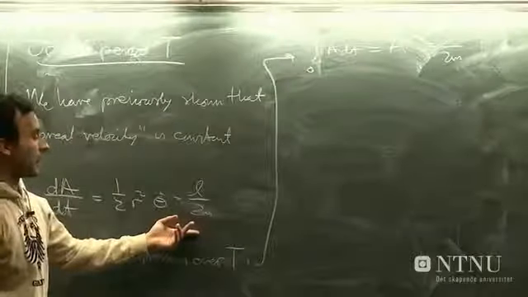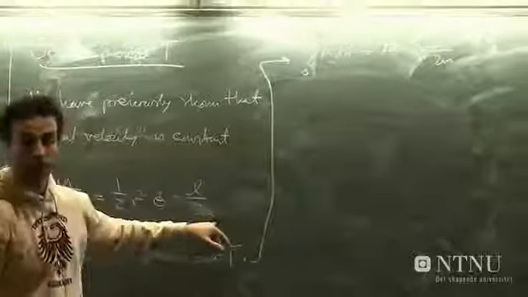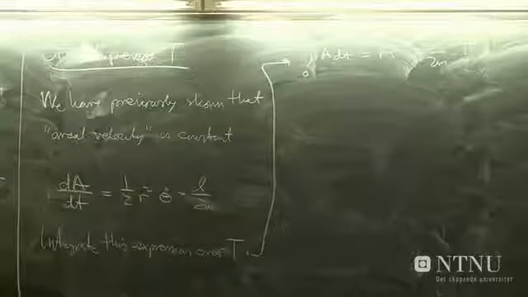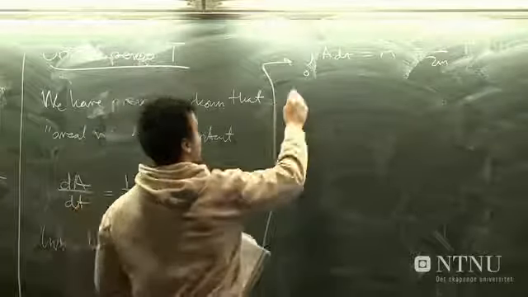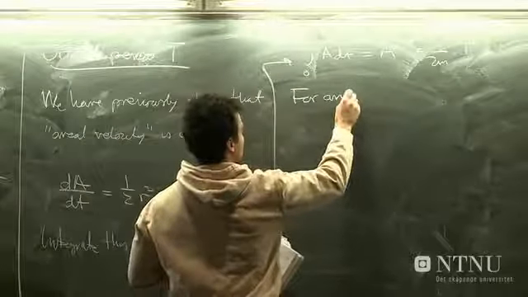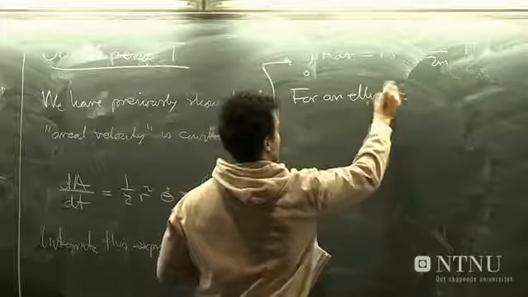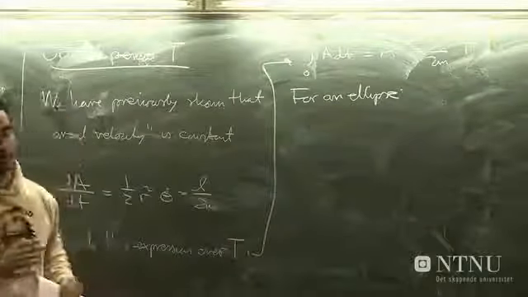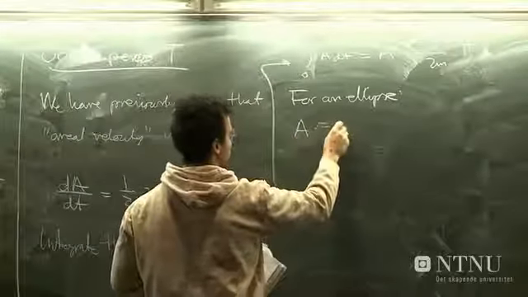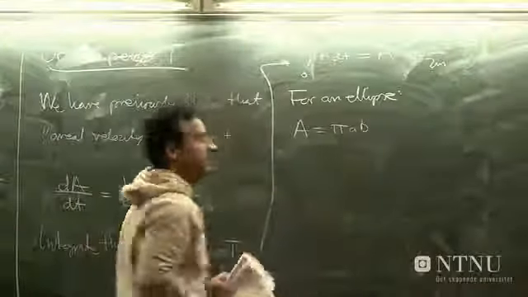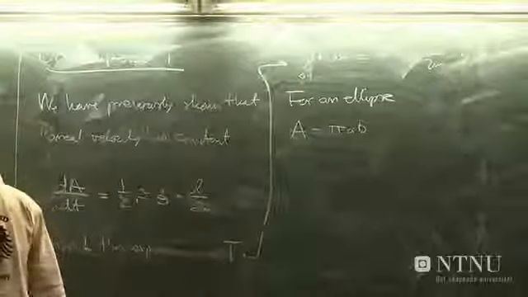And the magnitude of the integral should be L over 2m multiplied with large T. Now it's known that the area of an ellipse is given by pi AB.